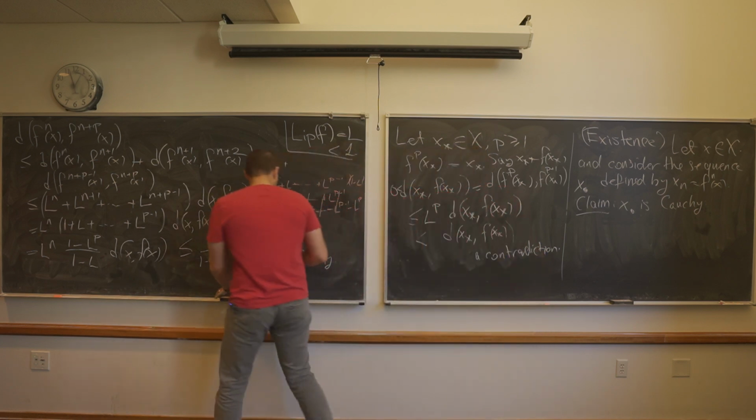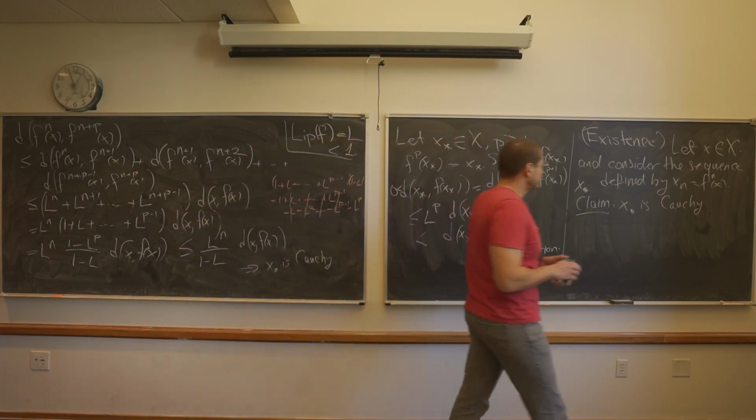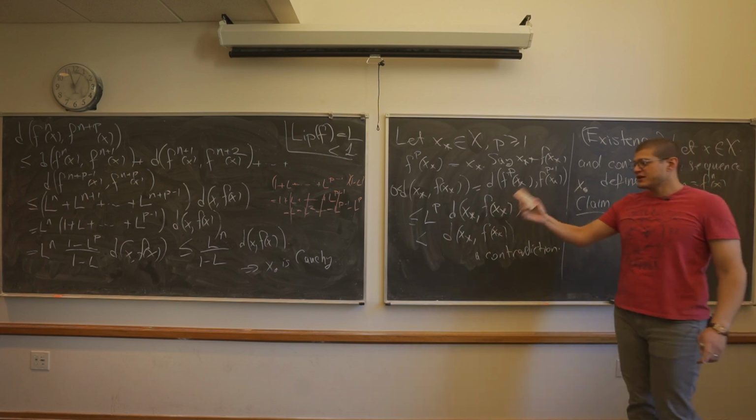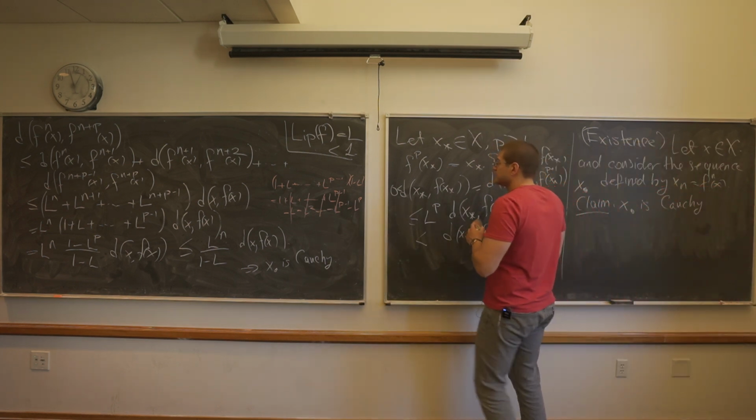So x bullet is Cauchy. This sequence of iterates, where x is my initial condition, under f, lives in X, and X is complete, which means that it has a limit.